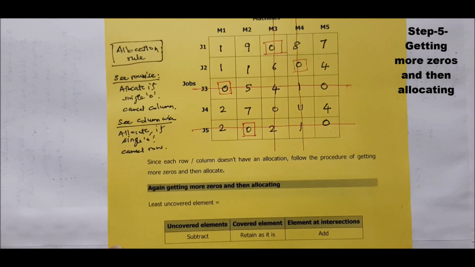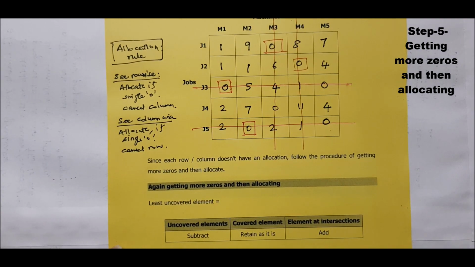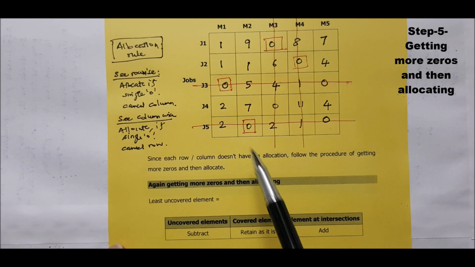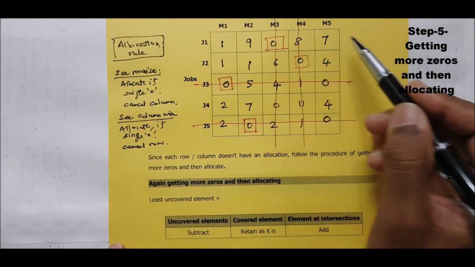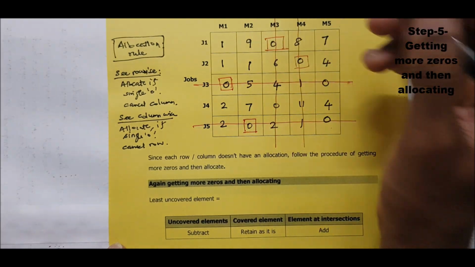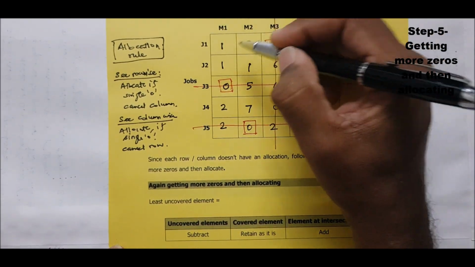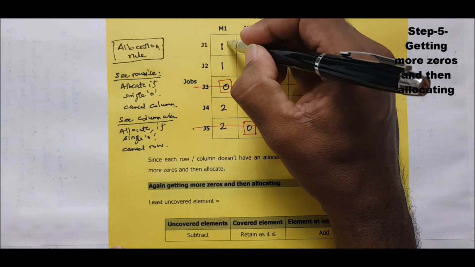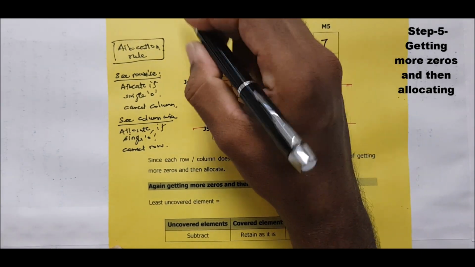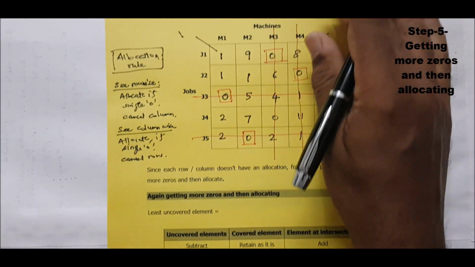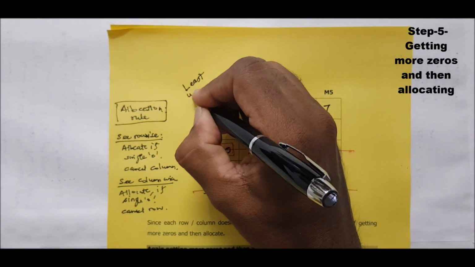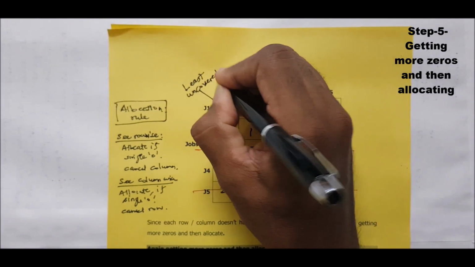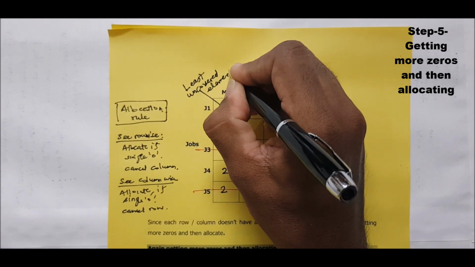We have to get into the procedure of getting more zeros and allocating. Among the uncovered elements, which is the least element? You see, again 1. There are 3 ones, any one you can take. I will call this the least uncovered element.